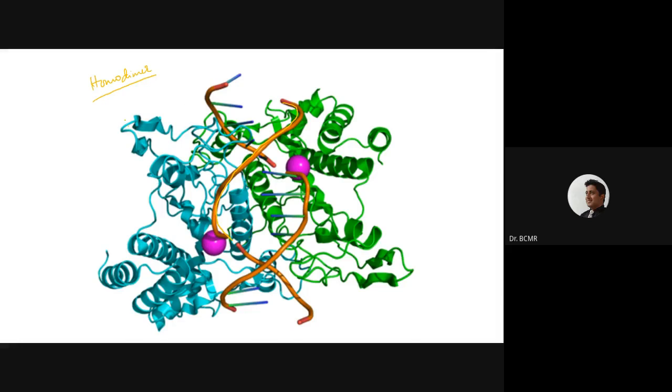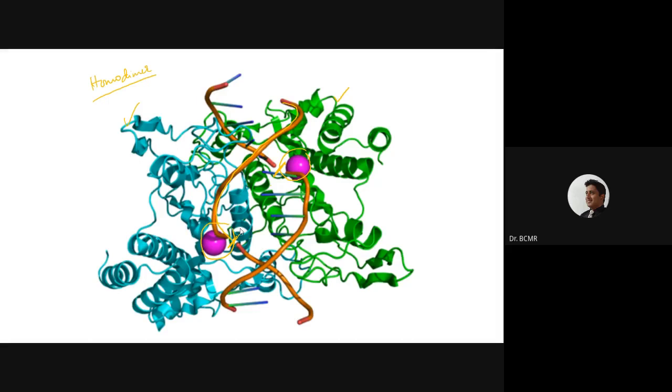The one shown in cyan is one subunit, and the one shown in green is the other subunit. They have this active site, and they both are homodimers. So the sequence recognized will also be similar, and that is where they usually make 2 cuts. One cut on one strand and the other cut on the other strand.